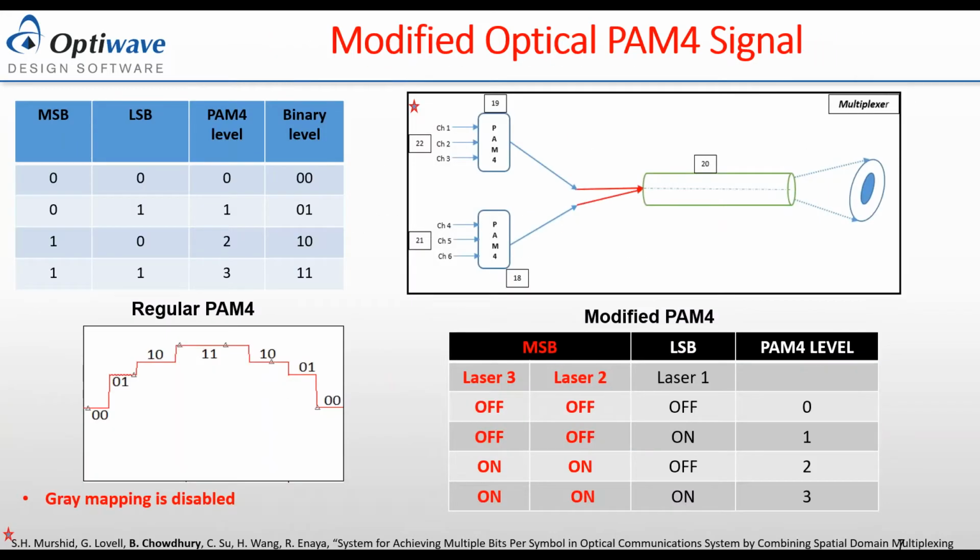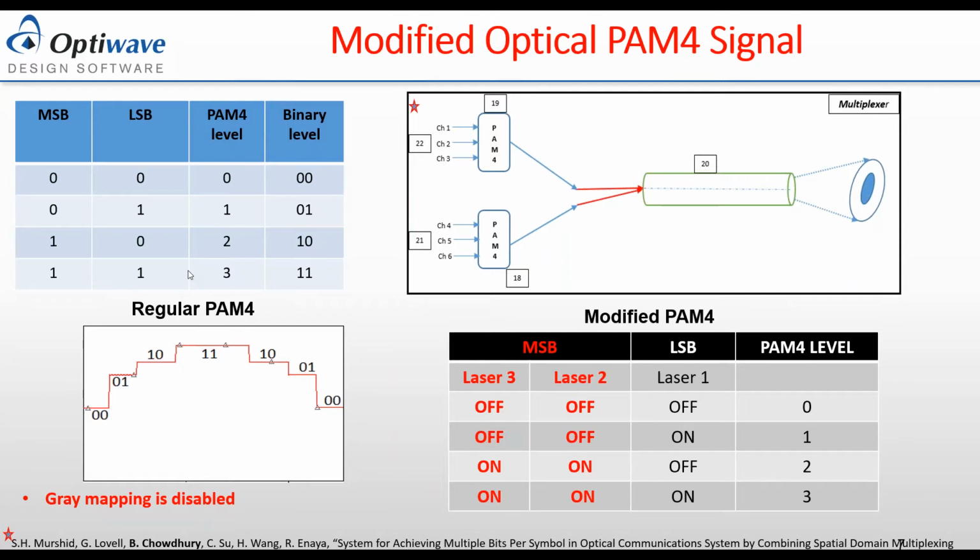Okay, so if we go and look into it, let us say that I have two input bits. They are in parallel. One of them I call LSB and the other one I call MSB, the least significant bit and the most significant bit. And to make our life simpler, let's turn off or disable the gray mapping. It is possible to do that, but to keep it simple and make the explanation easier, let's turn off the gray mapping.